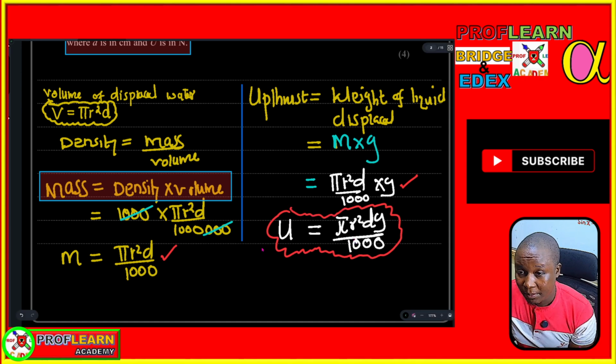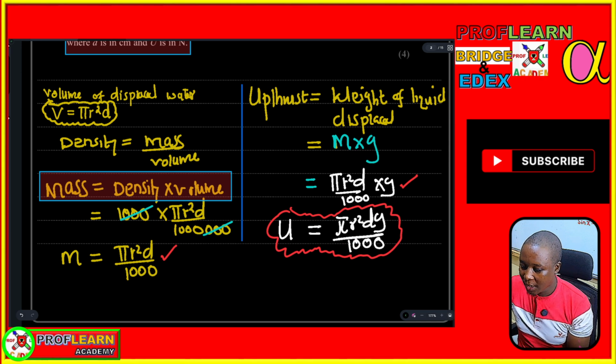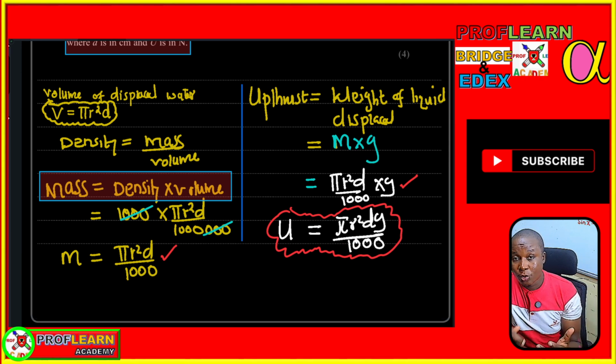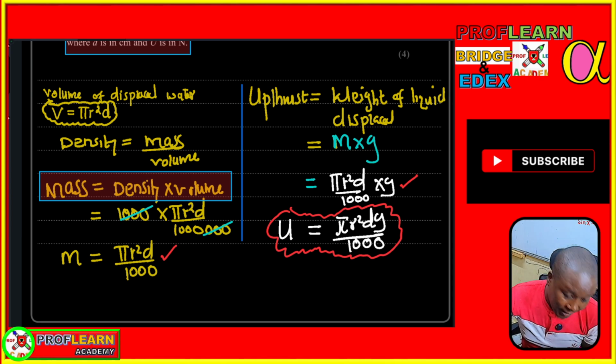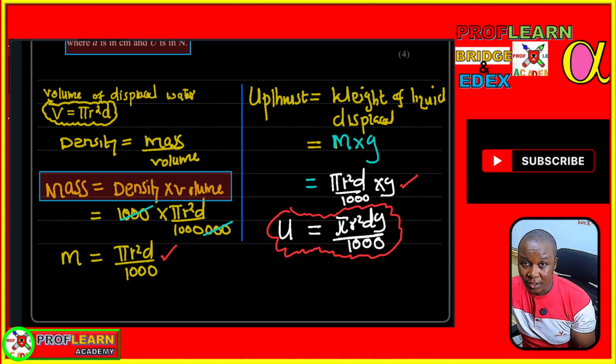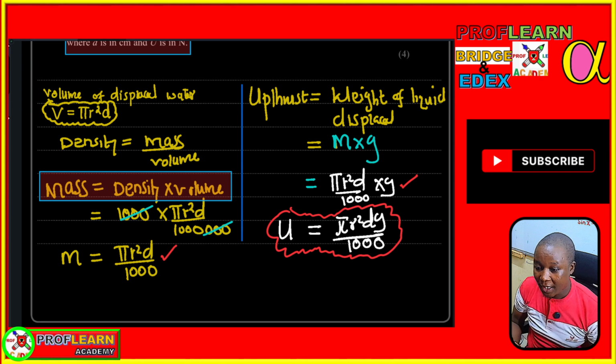Sometimes examiners can be a bit tricky, and they can try to misbehave by giving you questions where you're supposed to derive. I've not seen many of these questions being asked, but sometimes the examiner can decide to mess around with you by giving such questions. I've been doing a series of different papers, and we have not encountered a question like this for quite some years.